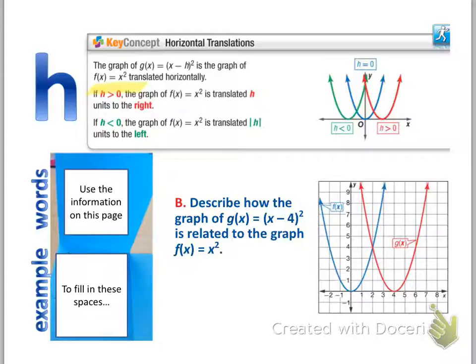So when you have x minus 4 here, that's going to move to the right 4 spaces. So on your own this time, you're going to be filling in the words and the example. Use the example here on this page if you would like. But if H is positive, it goes left. If H is negative, it goes right.